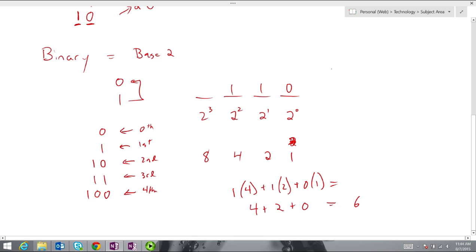So this number, 110, is equivalent to our decimal number 6. So this is binary, and this is decimal 6. They represent the exact same number, they just represent them using different symbols in different base.